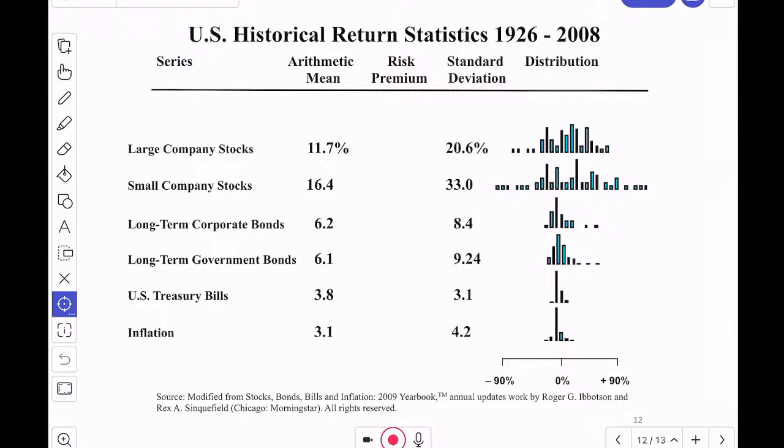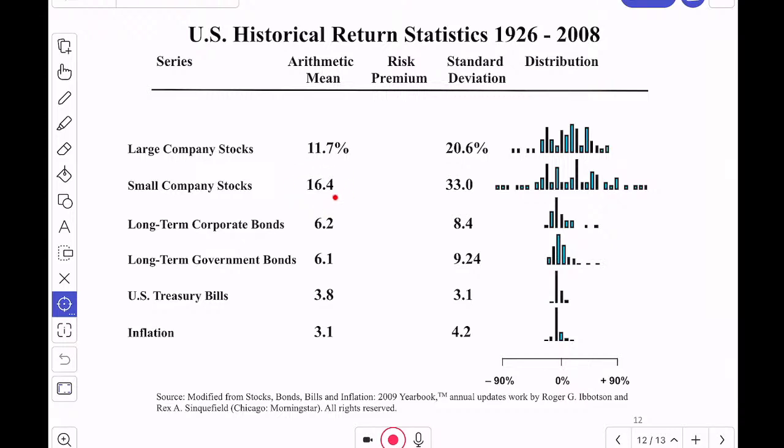So then what else do we have from this data? What do we see? I'm going to look here, and then I'll look at the larger data set as well. This is 2008, before the crash, or including the crash of 2008. You see that large company stock on average had a return of 11.7%, which is not as high as small company stock.